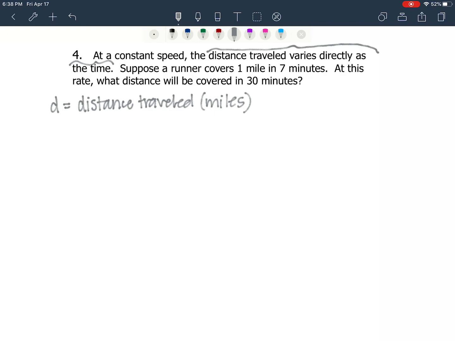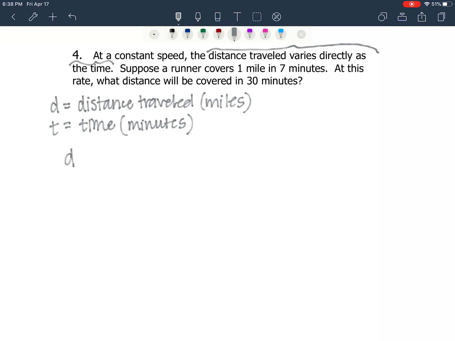And it's going to vary directly as the time, so we're going to let T equal time, and time is going to be in minutes. So those are the variables that I'm choosing to use.